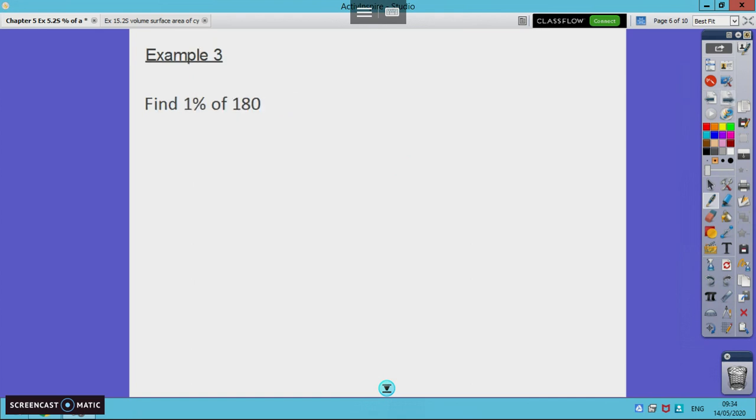Last one. Example number 3, find 1% of 180. Now we've got to do 180 divided by 100. Now this means, if we look at 180, the decimal point is after the 0, isn't it? Well, that means we've got to move everything up 2 places.